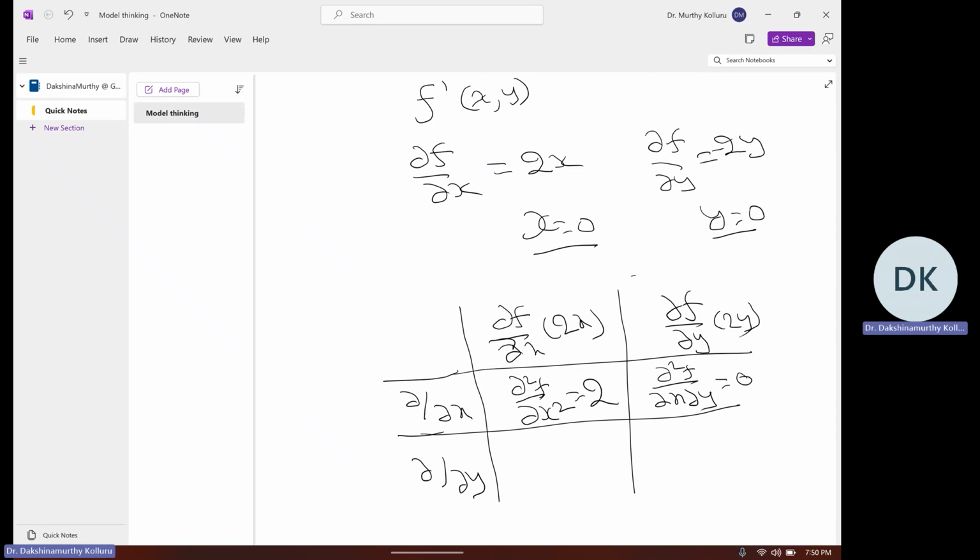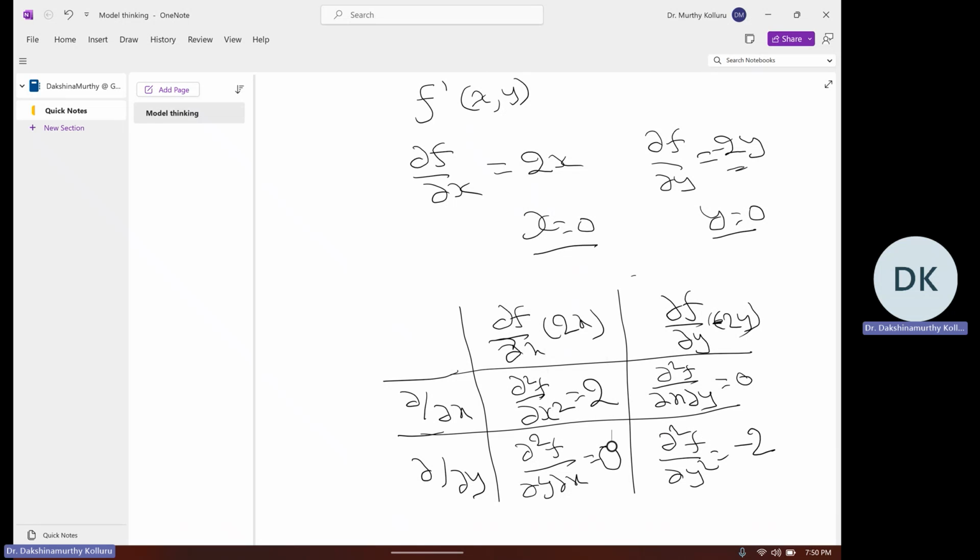Okay. This matrix always will be symmetric. So you don't have to really compute it, but let's compute it for practice sake. So dou by dou y of dou f by dou x, dou square f by dou y dou x, as expected, is 0. Dou square f by dou y square is, hey, this is minus 2y, minus 2.